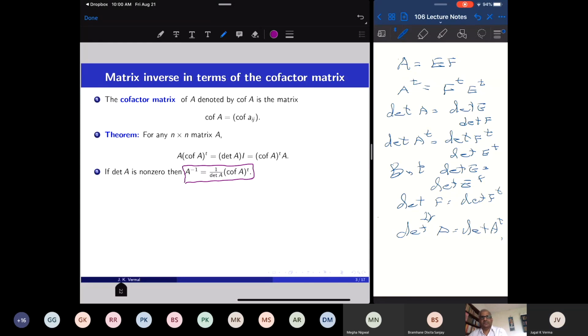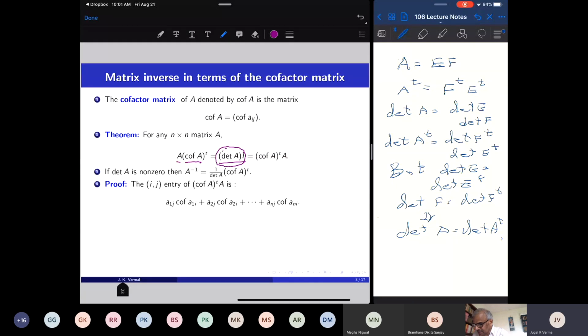So here is the proof. The proof is really checking that A times the transpose of the cofactor matrix is the scalar matrix. We must show that the ij entry on the right is the same as the ij entry on the left. If i is not equal to j, the ijth entry on the right is 0.